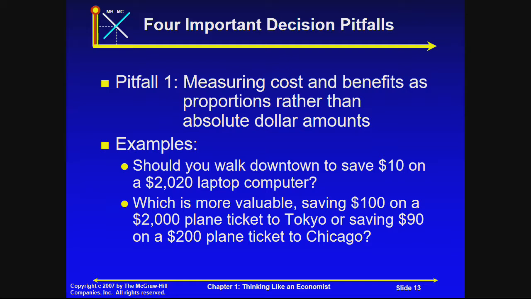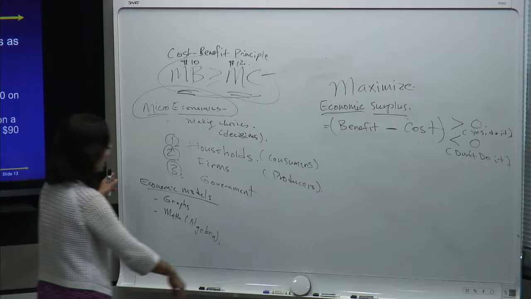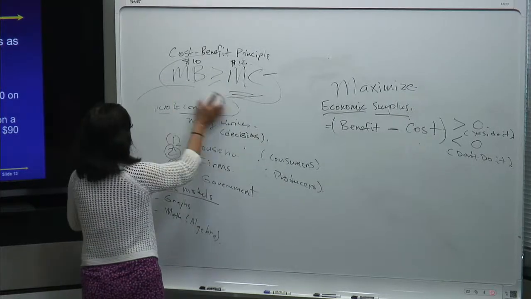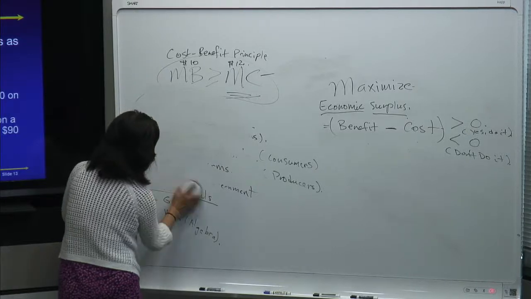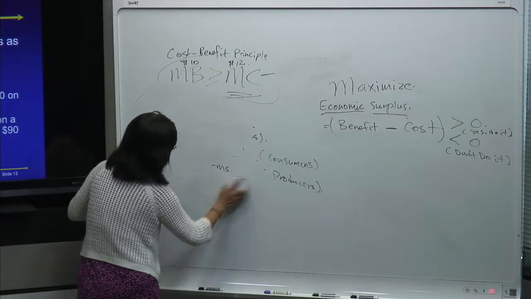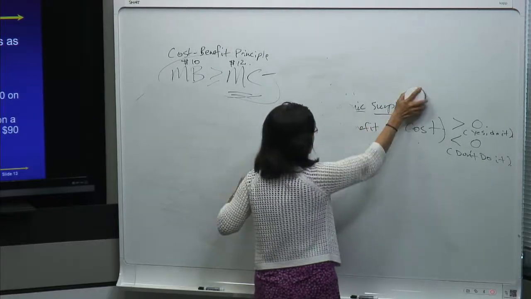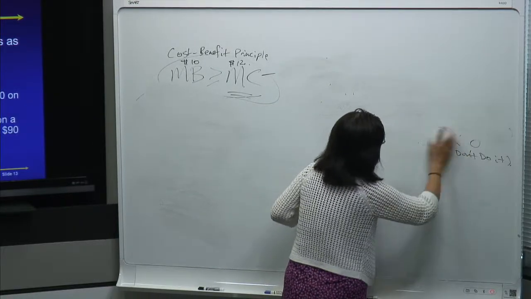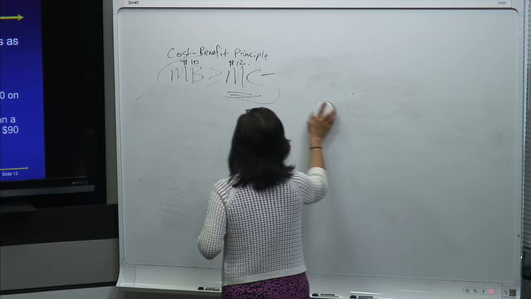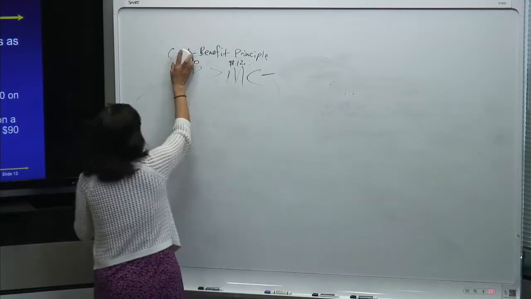So I'm going to erase this from the board and put the example here so you can see what I'm doing. So let's just erase this. Okay, if you have your calculator, you may want to take it out and work with me, to see if you know how to calculate percentage saved.